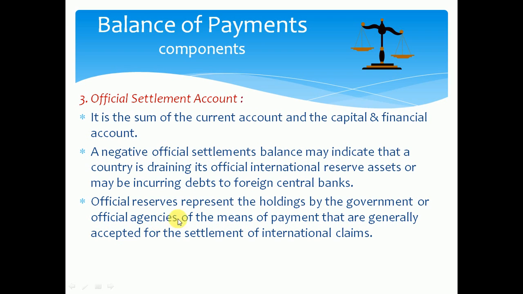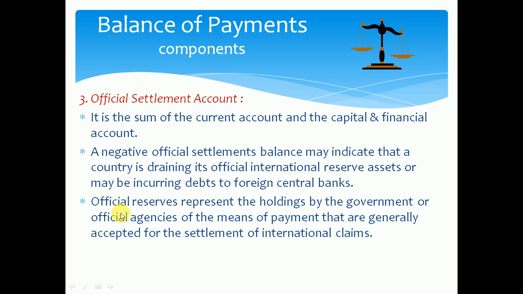Official reserves represent the holdings by the government or official agencies, mostly the central bank, of the means of payment that are generally accepted for the settlement of international claims. So, what are official reserves?